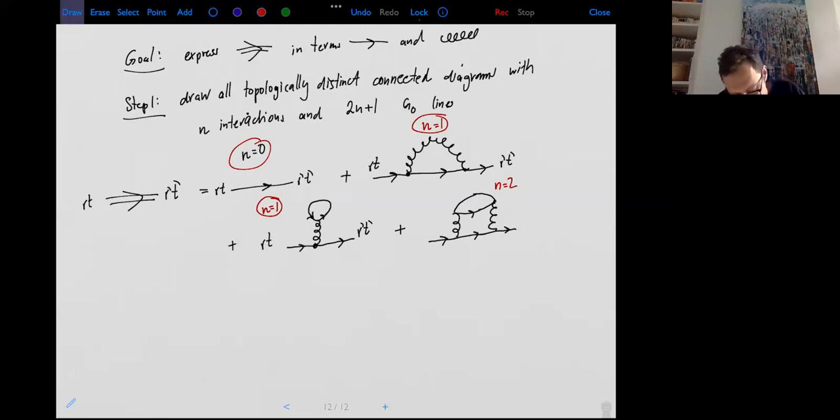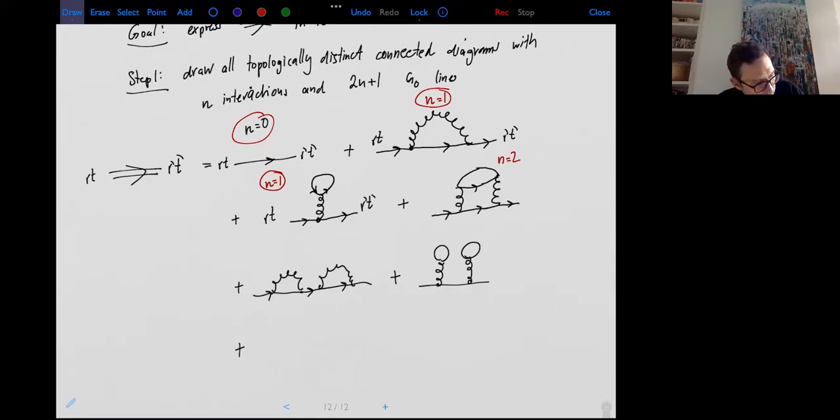And now there are actually many more at second order. We can have something like this: we emit one photon, we propagate, we emit another photon. All right, so that's another n equals 2 process. We've got this process. What else? We've got the process where we emit one, and then we have this other type like this. We've got a process like this.